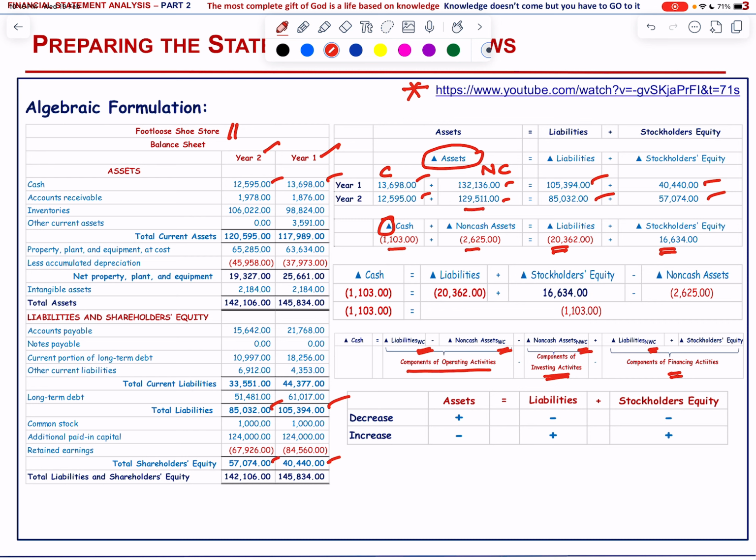When we are preparing a cash flow statement, changes in the assets are treated as an increase in assets. They indicate cash has been used, so it is going to be subtracted. A decrease in the assets indicates there is an increase in cash, so it has to be added.